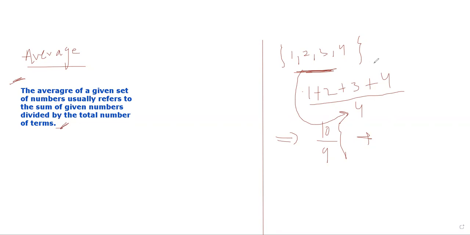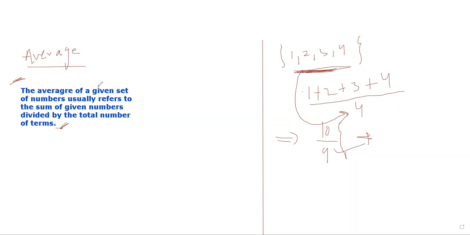That means if we have any given set, and what does the average mean of this given set? Average means that we have to add all these numbers, and then we have to divide it by how many numbers we have. So here we have 1, 2, 3, 4. That's why I divided by 4. Then I got here 10 over 4. Is it clear, my friends?